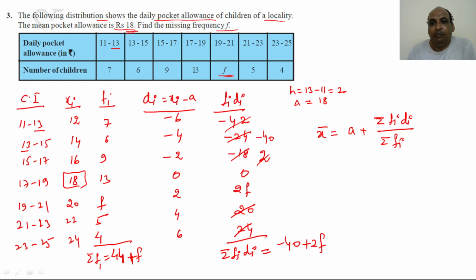This mean value is already given to us, that is 18, equal to assumed mean also 18, right. Sigma Fi di is minus 40 plus 2f divided by sigma Fi. Sigma Fi is 44 plus f.